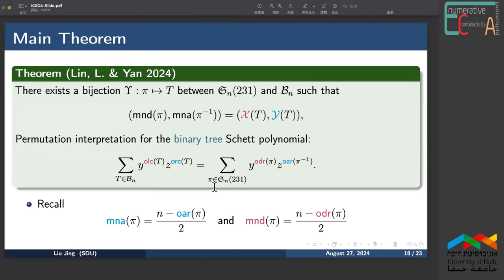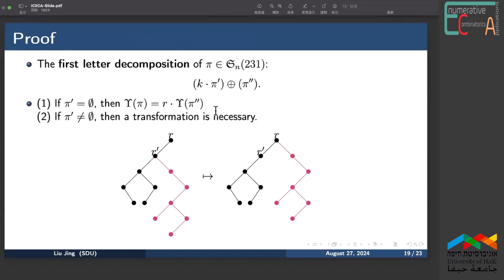We prove this using a new recursive bijection based on the first letter decomposition for 231-avoiding permutations. The difficulty with this bijection is that after the recursion, we need to do a recursive transformation on the tree to complete our proof.